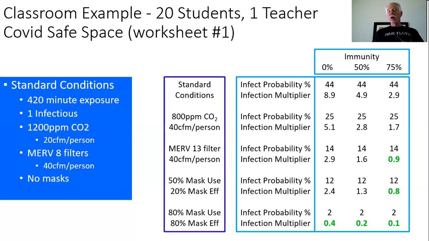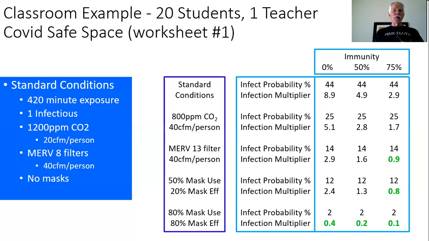And then if we also recirculate air through an effective filter, like a MERV 13, that will remove 90% of the virus in the air recirculation system, we almost drop your probability of getting infected again in half. We drop down to 14%.